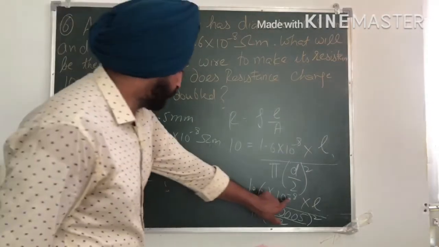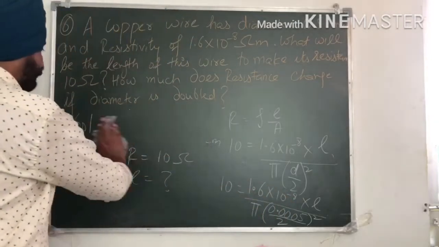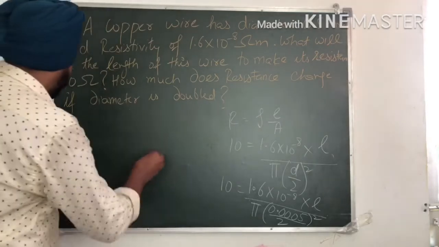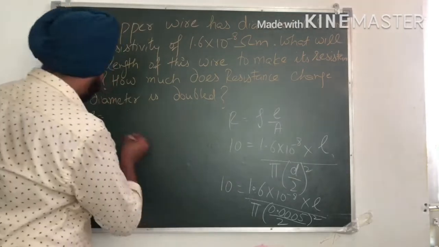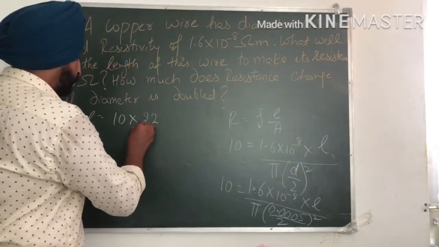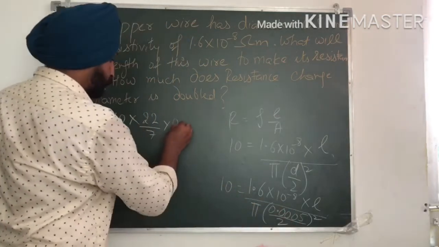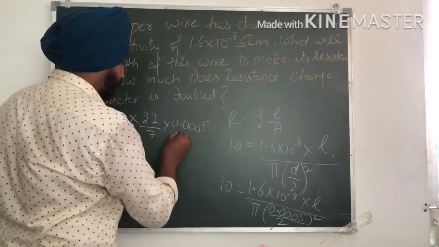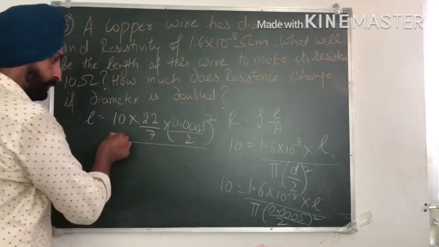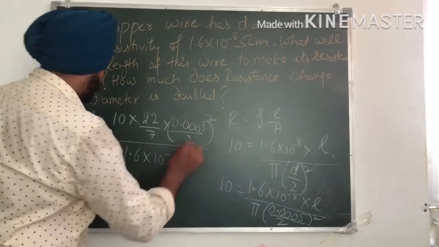So from here we can calculate the value of length, and the length would be equal to 10 into pi, the value of pi is 22 by 7, into this value 0.0005 by 2 square, divided by 1.6 into 10 raised to power minus 8.